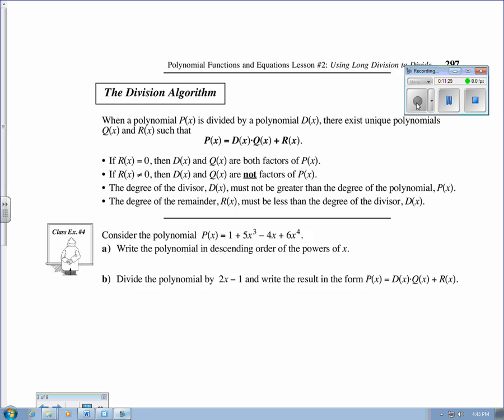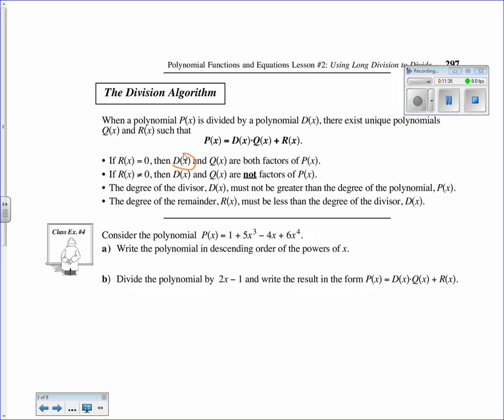If the remainder is equal to 0, then d(x) and q(x) are both factors of p(x). That's going to be something that we rely on. If the remainder statement is not equal to 0, then d(x) and q(x) are not factors.